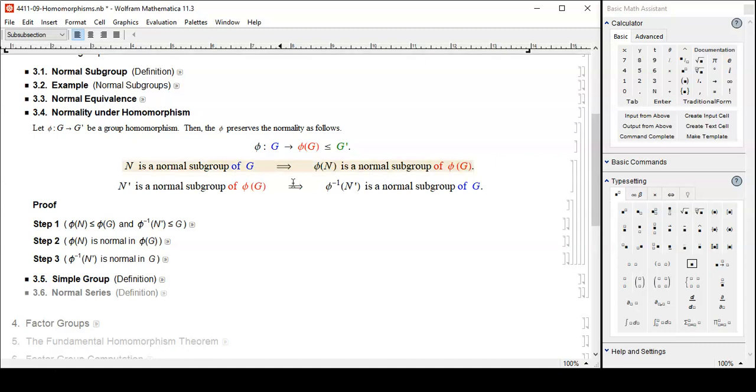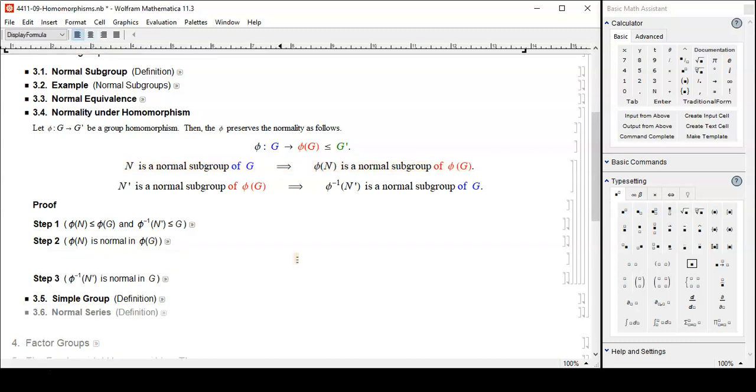So the practical criteria for that is this. For all element y of phi of G and for all element x, oh, this should be y.